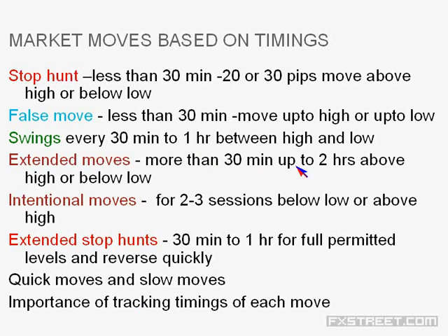So when they make a very quick move of this nature above the high, don't try to immediately take some sell positions and things like that. Wait for 2 hours. Then see that in the last 30 minutes of your observation, suppose they start at 8:30, then up to 10:30 you wait.